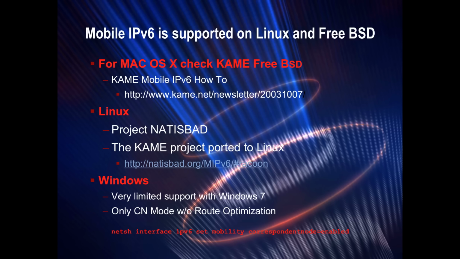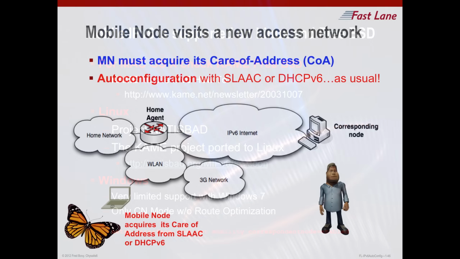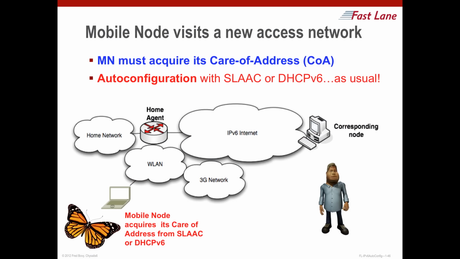It is in this mode that Microsoft says it supports mobile IPv6, which is, in my opinion, a little bit abusing the people, but that's the way they say it.